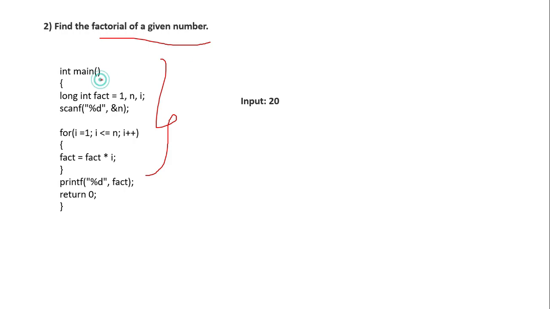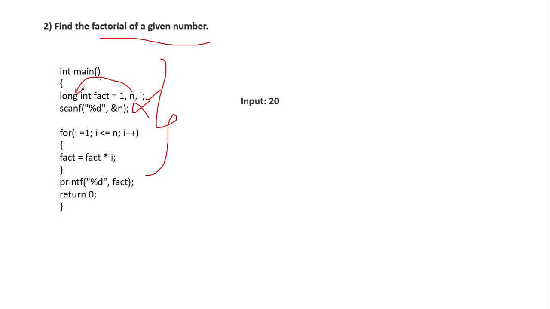Here we can write int main. We can declare long int, no problem, and we are scanning that value. Here the problem arises because we are declaring the n variable as long int, right?